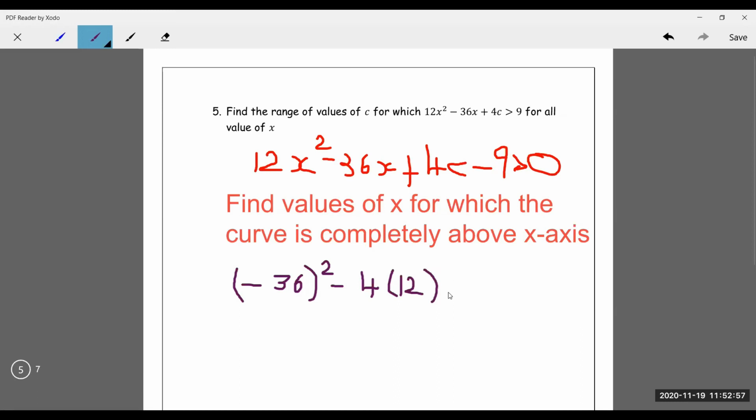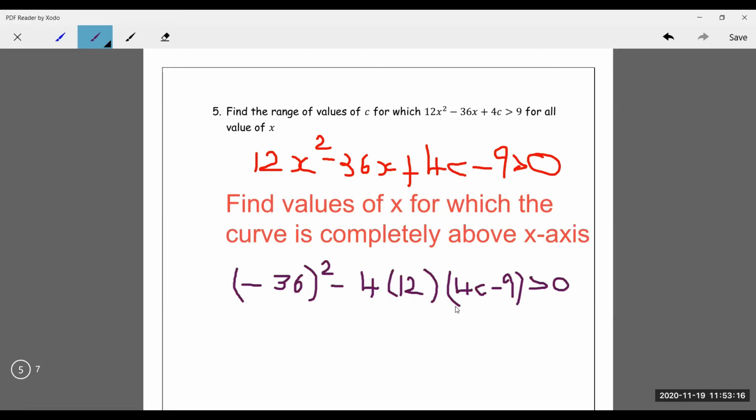We're solving when this is greater than 0. Very easy.